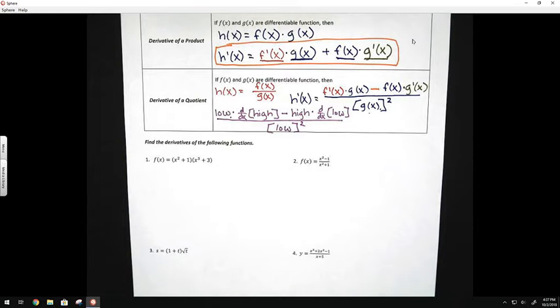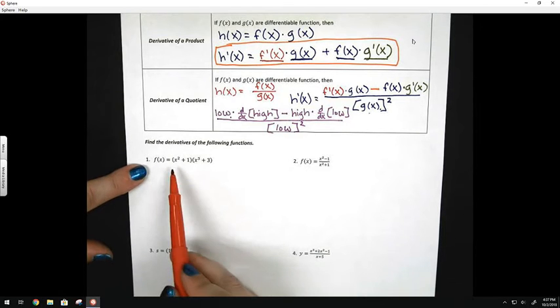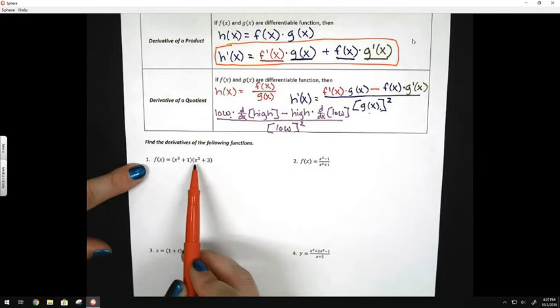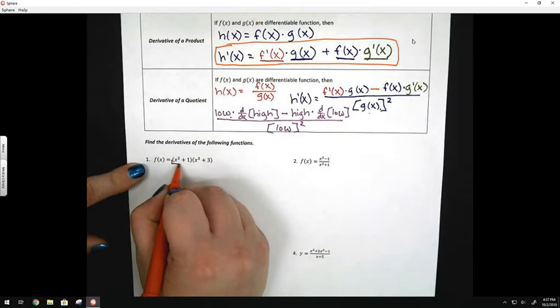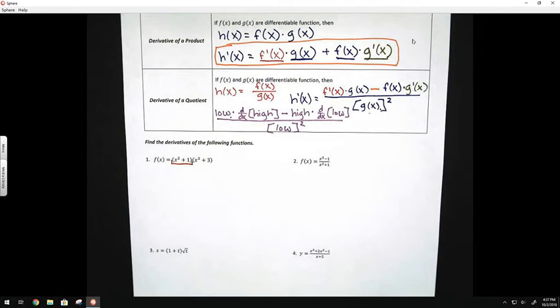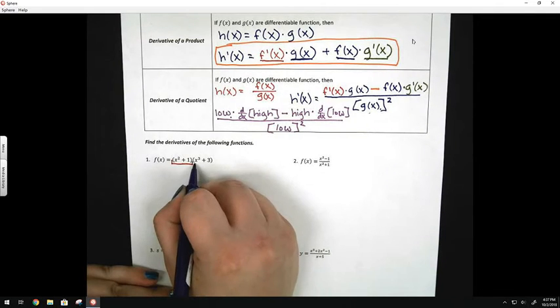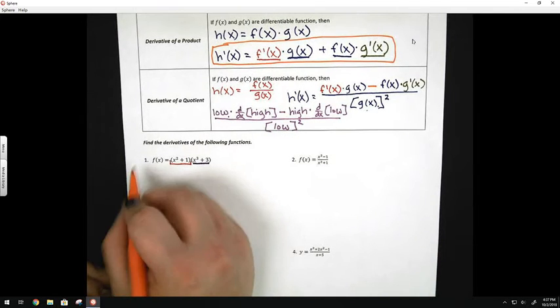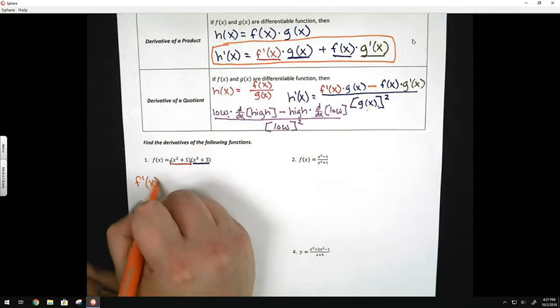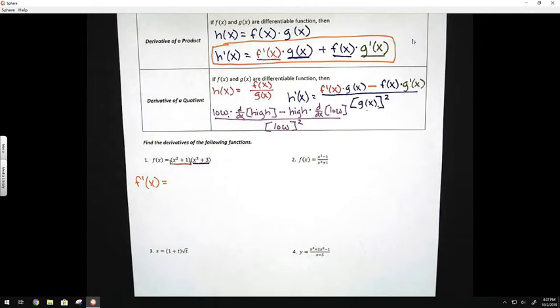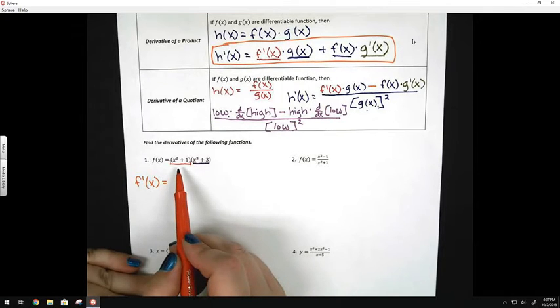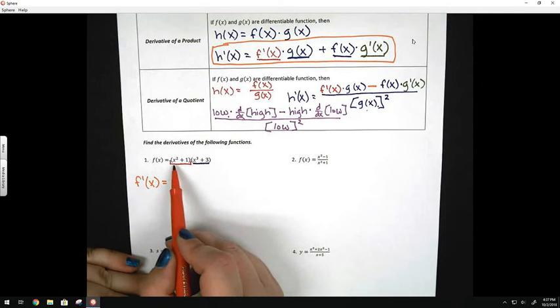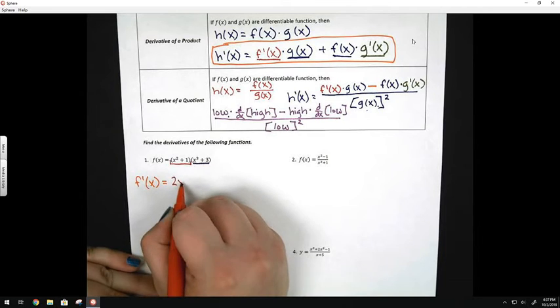So let's actually look at what this really looks like in a problem. So f of x equals x squared plus 1 times x to the third plus 3. So my first function is x squared plus 1, and my second function is x to the third plus 3. So this one is going to use the product rule. So f prime of x is going to equal, I need to do the derivative of my first function. So the derivative of x squared plus 1 is just 2x.